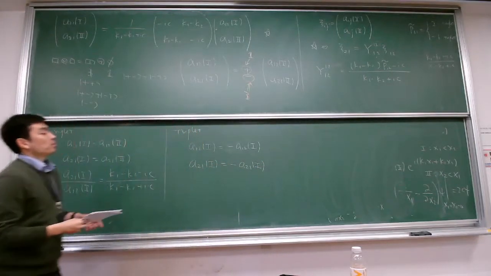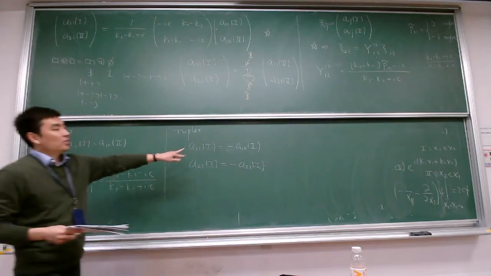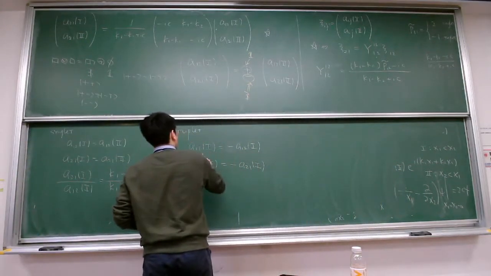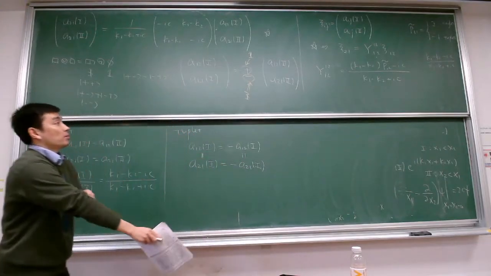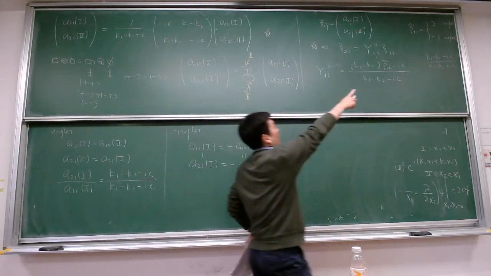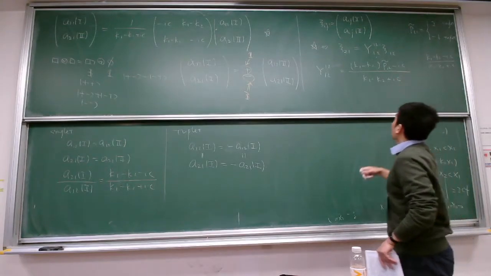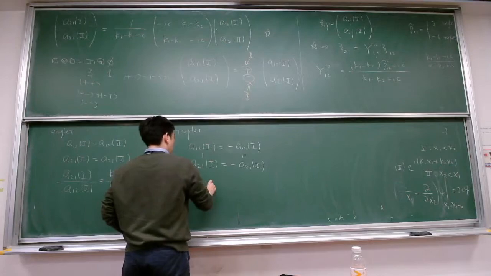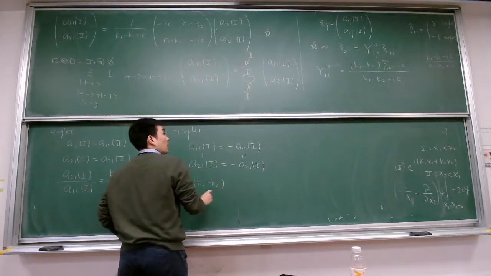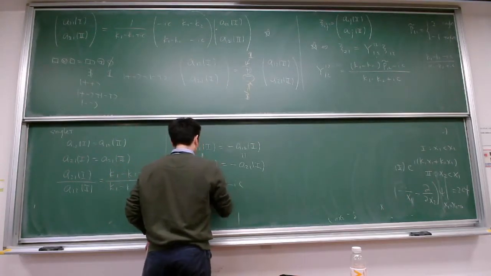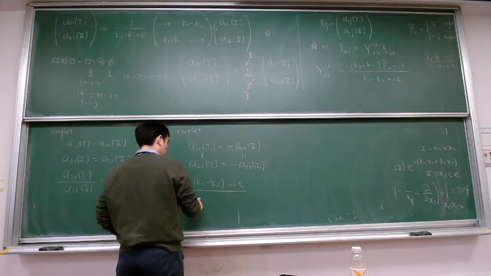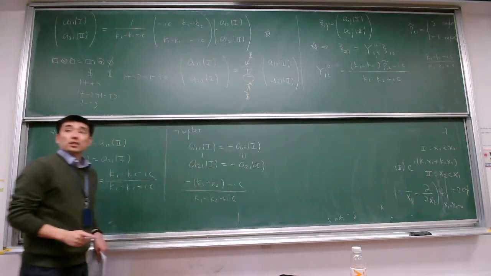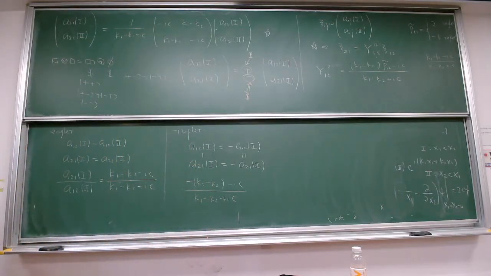If you plug this into here and solve the coordinate Bethe ansatz equation, indeed everything becomes the same. Moreover, if you plug this minus sign over here, what you get is K1 minus K2, minus sign, minus IC over K1 minus K2 plus IC.